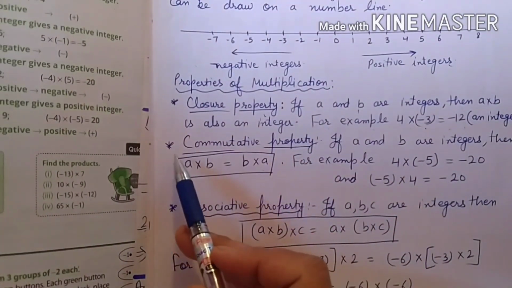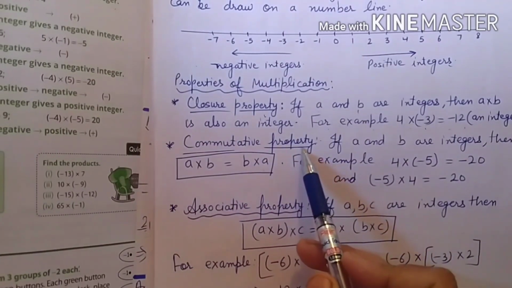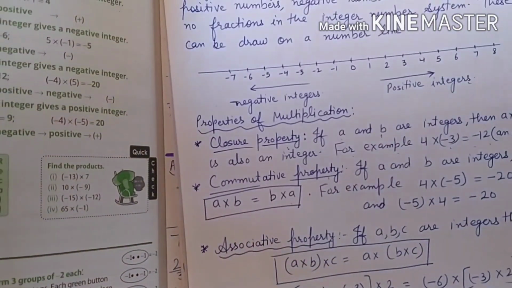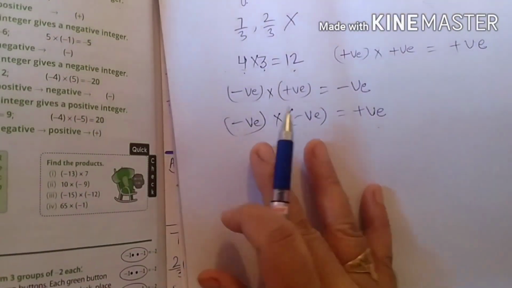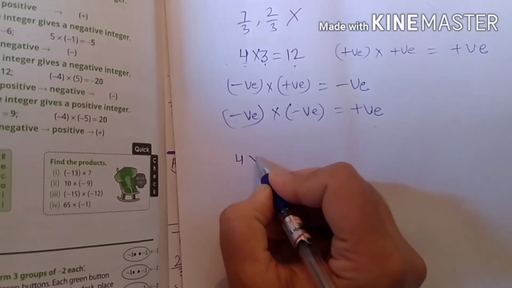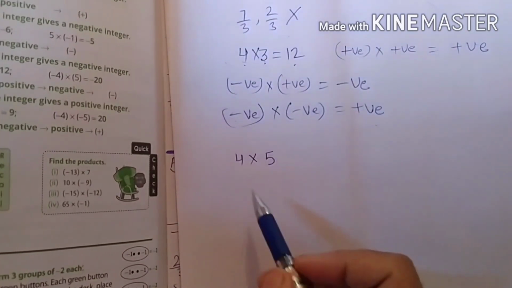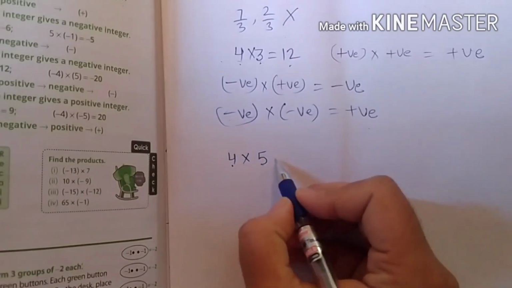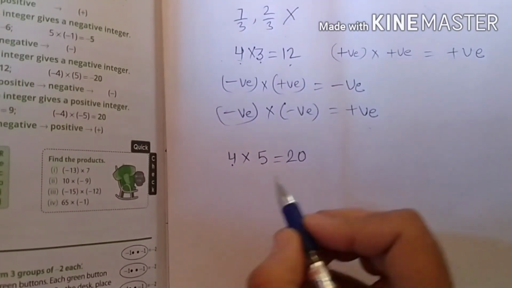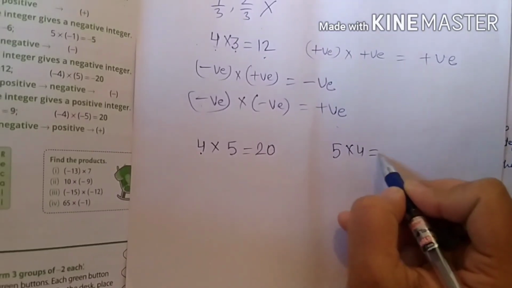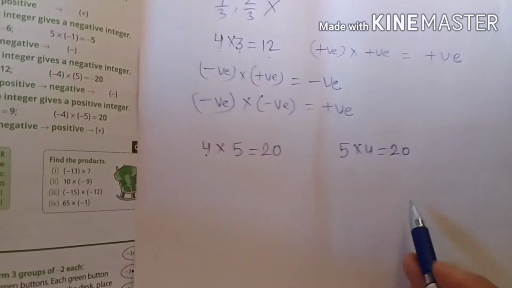Then the second property is the commutative property. Commutative property is when you take two integers, suppose one is 4 and the second is 5. Either you multiply 4 with 5, your answer is 20, or you multiply 5 with 4, again your answer is 20.